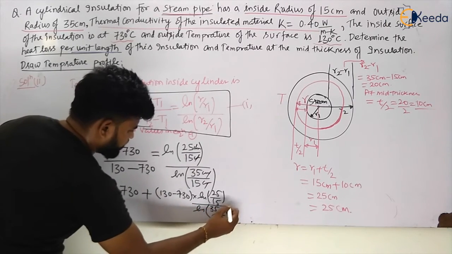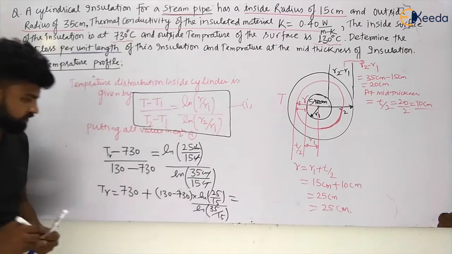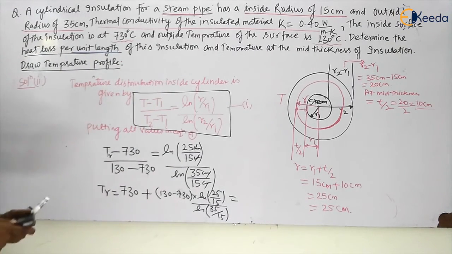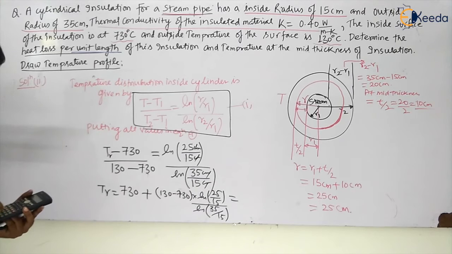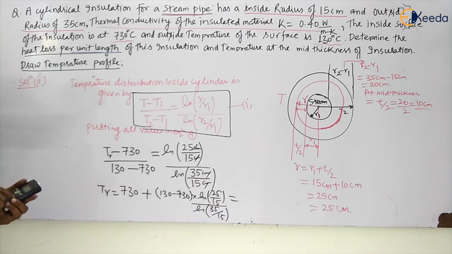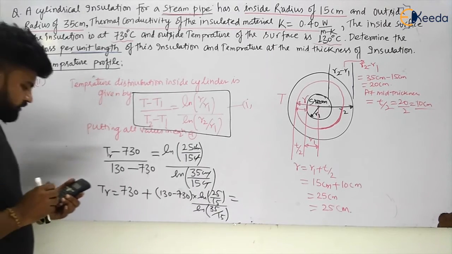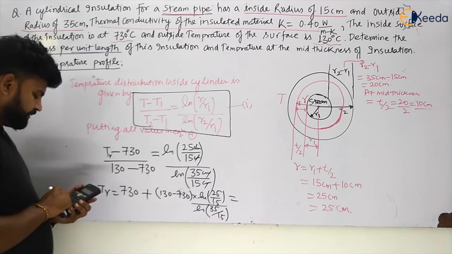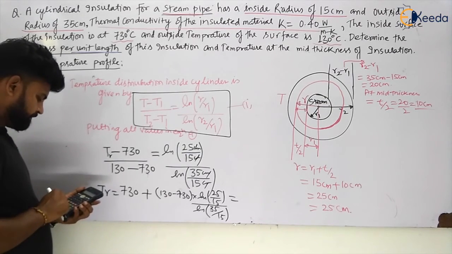So let us calculate this value. ln of 25 by 15 divided by ln of 35 by 15 will be 0.60288, multiplied by (130 minus 730).